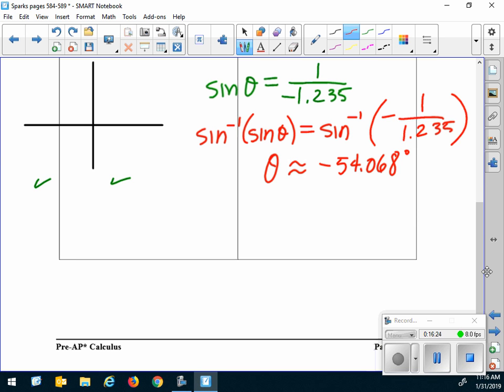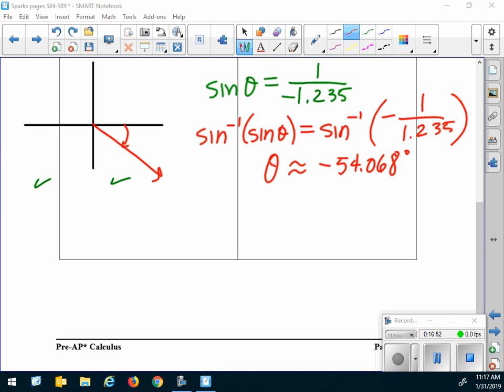Because if you graphed this angle, that says to go 54 degrees in what direction? The clockwise direction. That gives you an angle in quadrant 4, but it's not the right name. We're going to be finding coterminal angles to that one. The reference angle is 54.068.